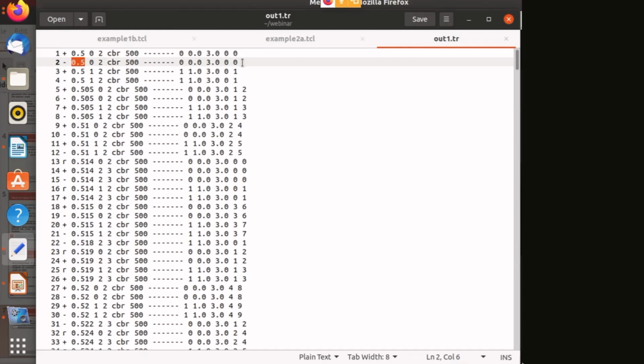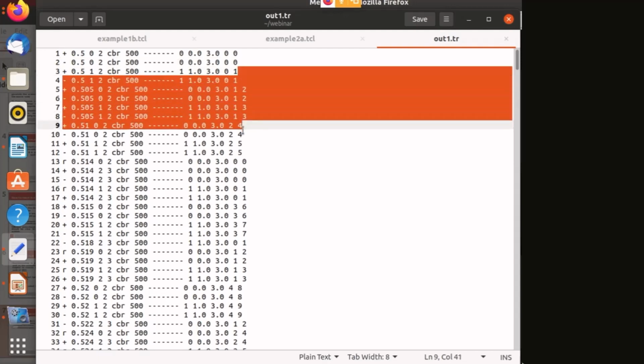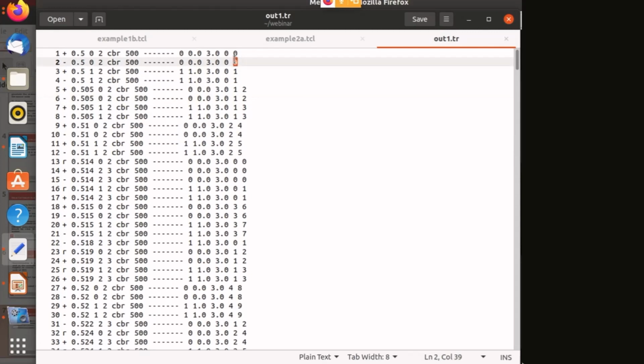Now skip all the lines in between and we will move towards packet ID 0 only. Then only we will understand. Packet ID 0 is written here. Understand what it is doing here. R. R means received. Received at this time 0.0514.